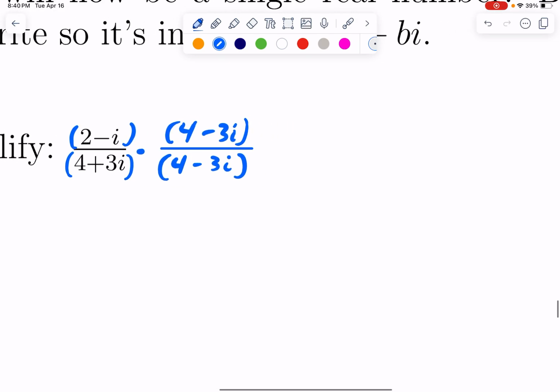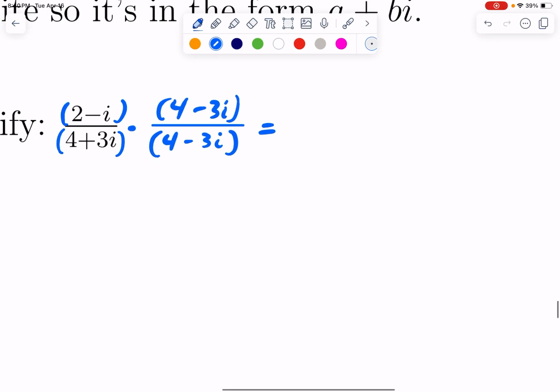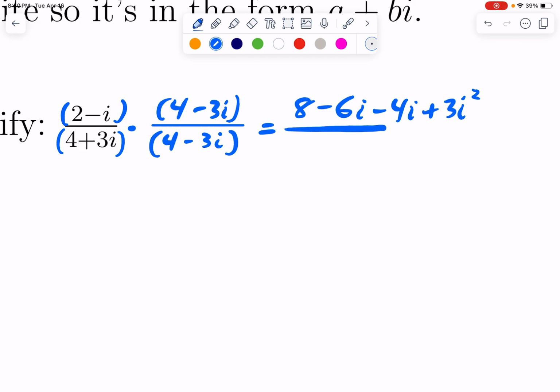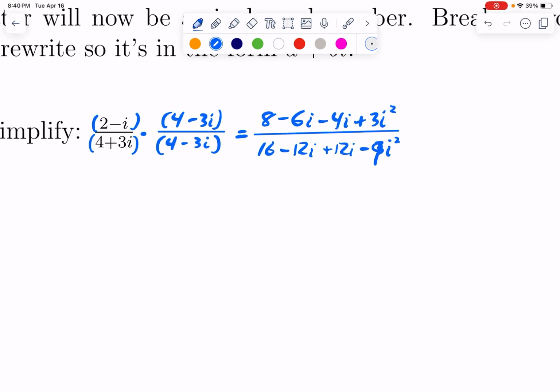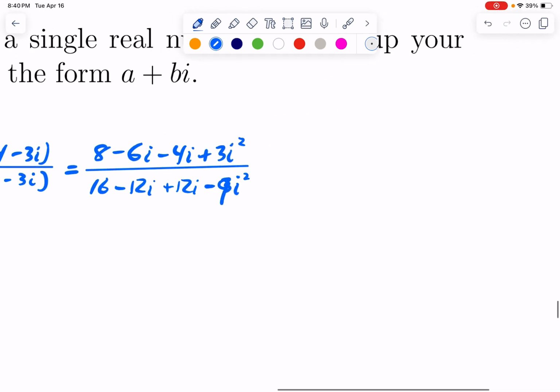So I will FOIL out the top. When I FOIL out the top, I get 8 minus 6i minus 4i plus 3i squared. When I FOIL out the bottom, I get 16 minus 12i plus 12i minus 9i squared. So now let's simplify.